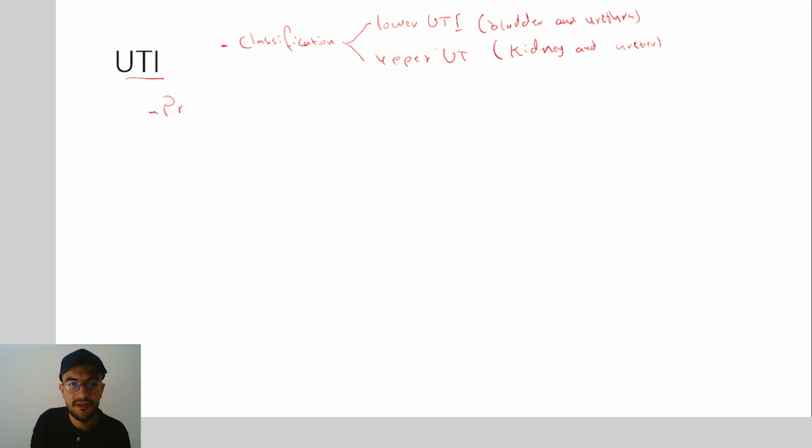Regarding the presentation of urinary tract infections, we have the lower UTI presentation and the upper UTI presentation. The lower UTI presents with a triad of dysuria, meaning pain during urination, plus suprapubic pain, plus frequency.